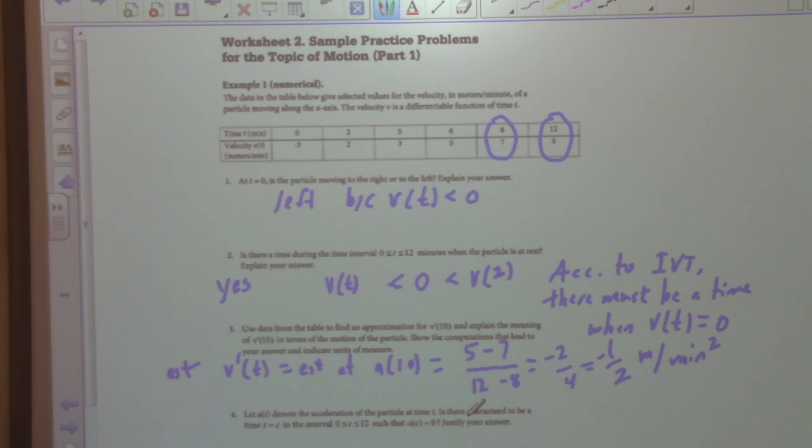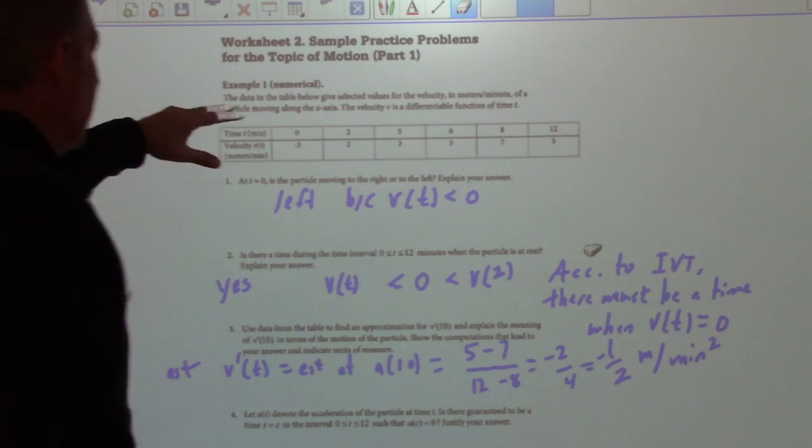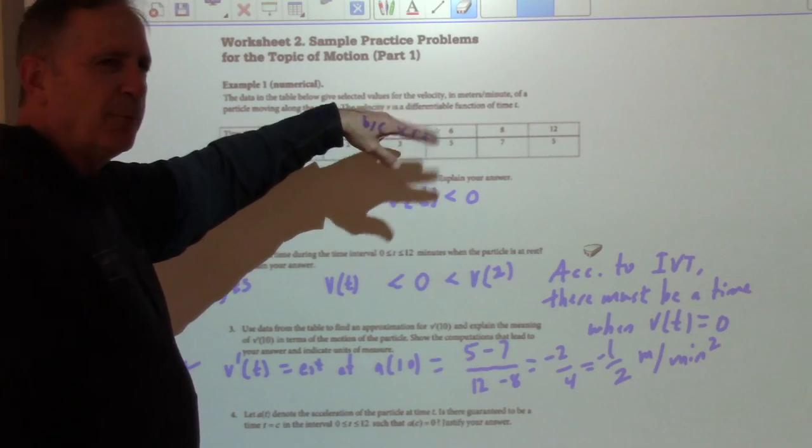A horizontal. Yeah, horizontal tangent line. What tells you you have a horizontal tangent line? But what evidence do you have on the table here that would give you the proof for that?